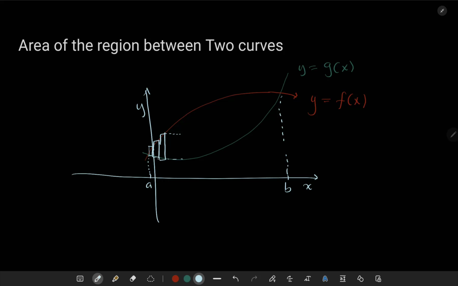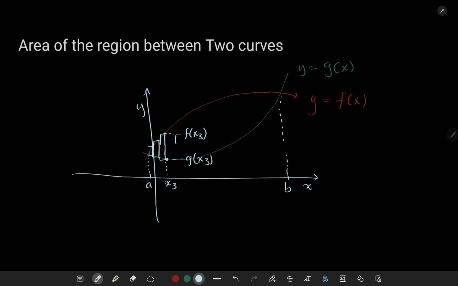If this would be x1, x2, x3, this height here is going to be the value of the function. In this case, the green function is g of x3. And this height is going to be f of x3.